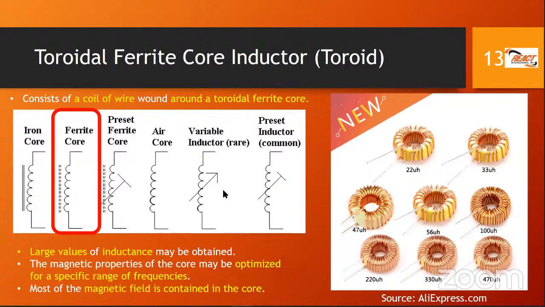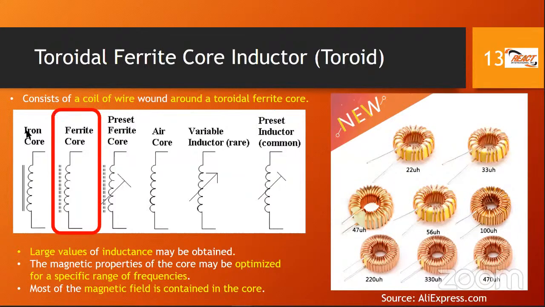So, what is the toroidal ferrite core inductor? Sounds like a very long name, complicated and so on. And therefore, we do have an abbreviation for it in amateur radio. It's called the toroid. But it's really the toroidal ferrite core inductor. So we have a couple things on the screen here. First of all, the symbol for the toroid or ferrite core inductor is this one that's highlighted in red.